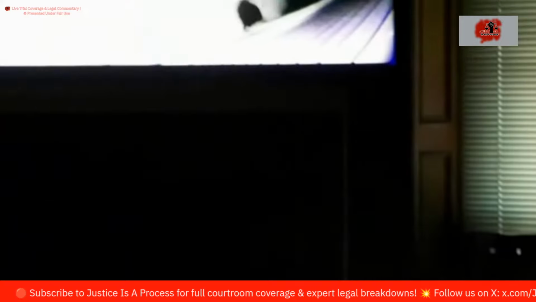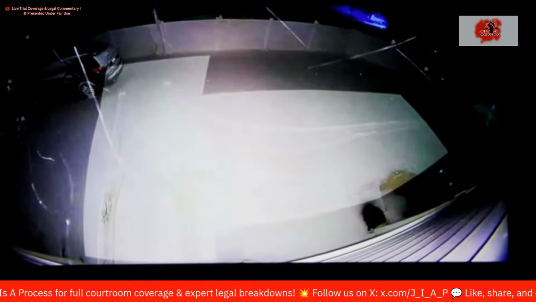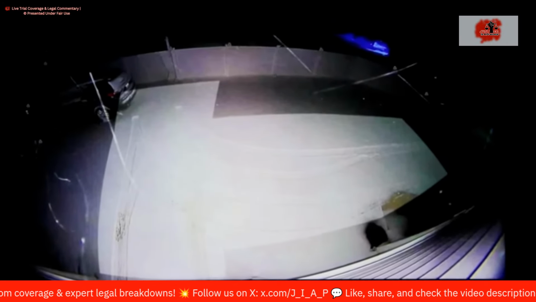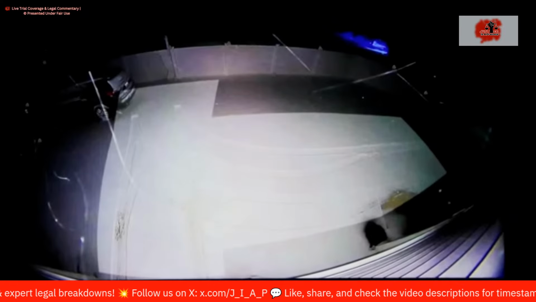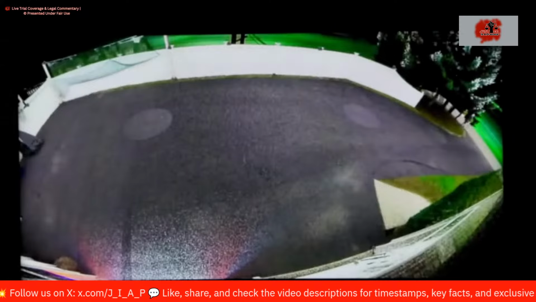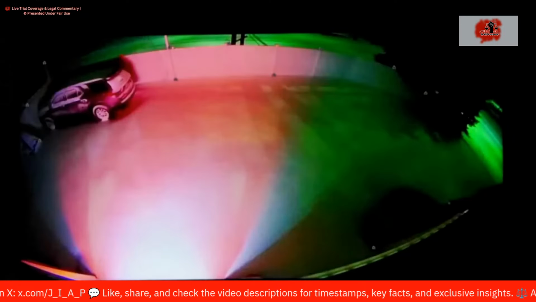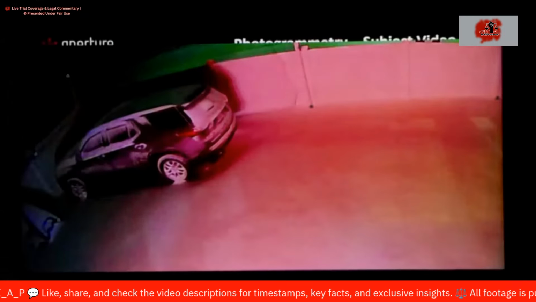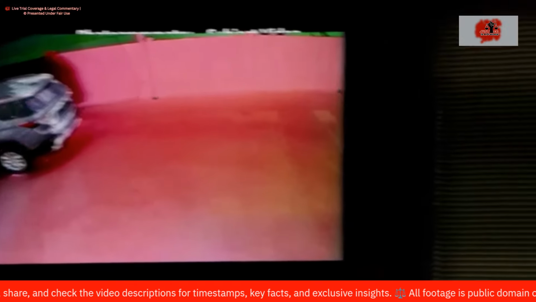Looking in the snow, I see nothing in the snow. Were you looking for anything in particular? Of course I was. I was looking for taillight fragments. In any of the videos that you have that show Mr. O'Keefe's vehicle after the defendant's Lexus touches it, do you ever see any remnants or shards or fragments of taillight on the ground? I do not.